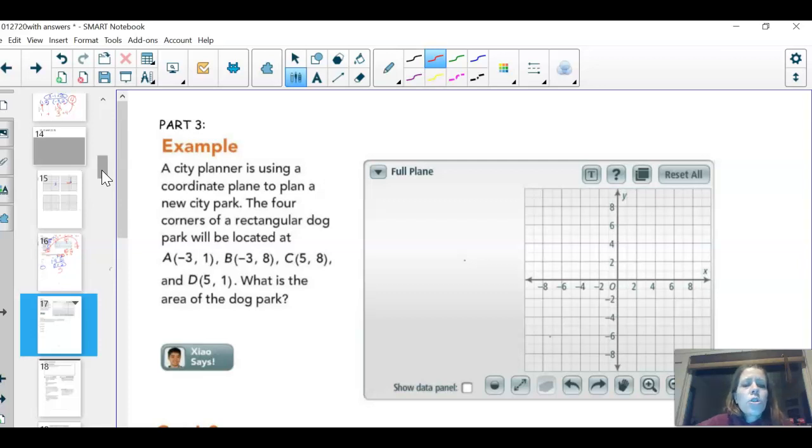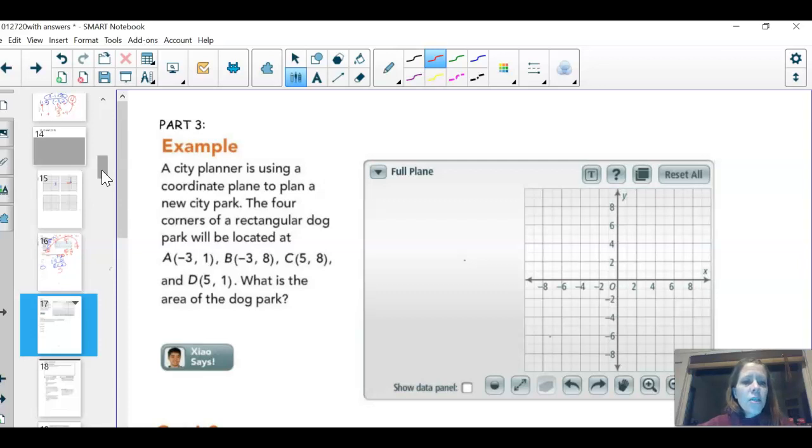Okay, so let's look at this example. A lot of words. En este ejemplo hay muchas palabras. Y entonces necesitas decidir qué es importante en este problema y cuál números y cuál información no es importante. You need to think about what numbers are important, and what in this problem is not important. So not information that I need to worry about.